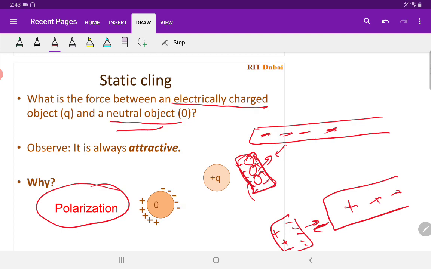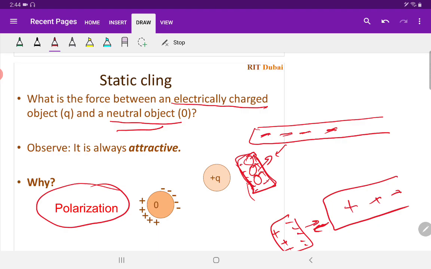So what we learn from this is that when a charged object is interacting with a neutral object, what kind of interaction do we expect to have? An attractive force. Why this attractive force? Because of what we call the polarization. What's the polarization?